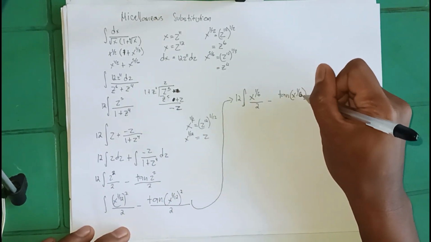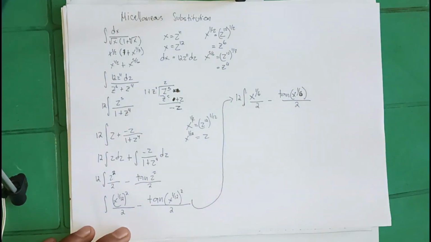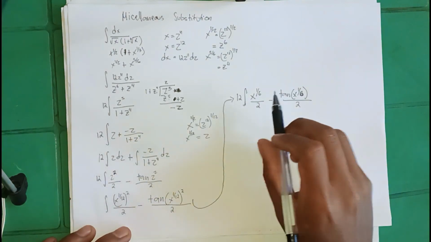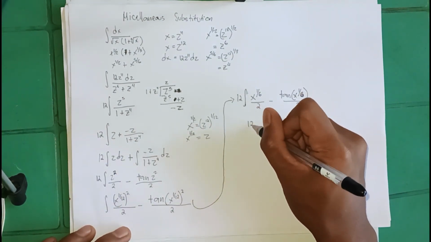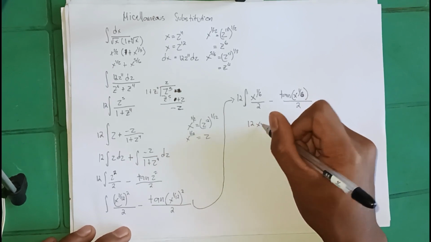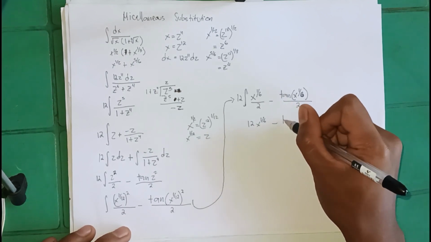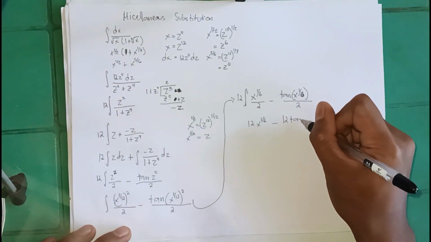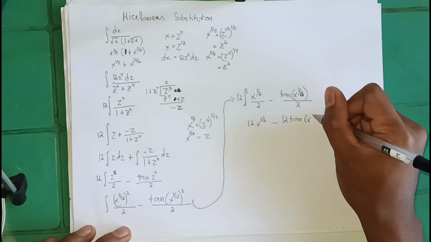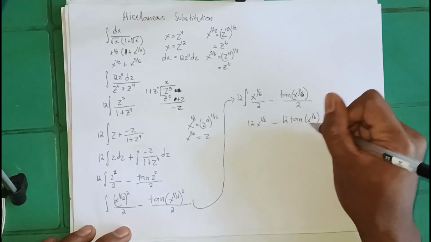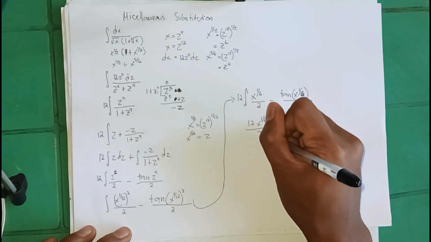By the way, this is 6 over 2. So distribute 12. So we can now have 12x to the 1 over 6 over 2 minus 12 tangent of x to the 1 over 6 over 2.